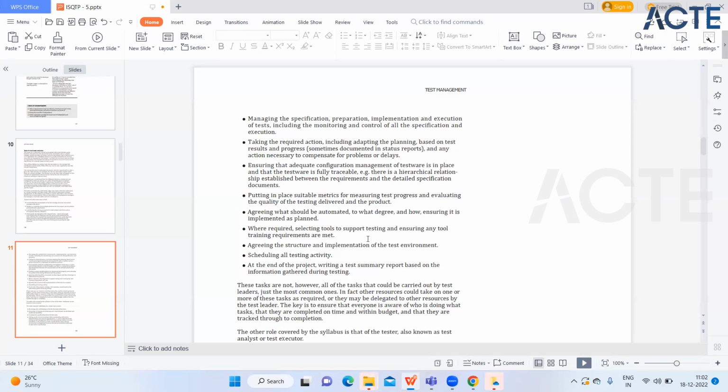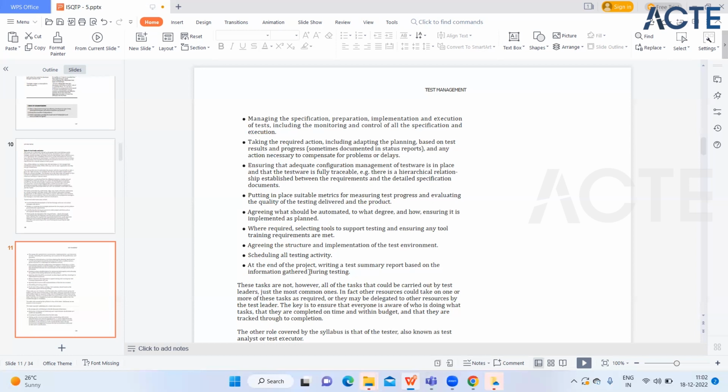They have to check the proper tools so that the proper outcome can come. Agreeing the structure and implementation of the test environment, and scheduling all testing activity for all the test team members. They have to check that every member is working correctly or not. So this is the responsibility of the test lead.